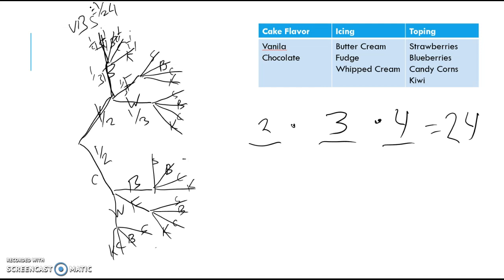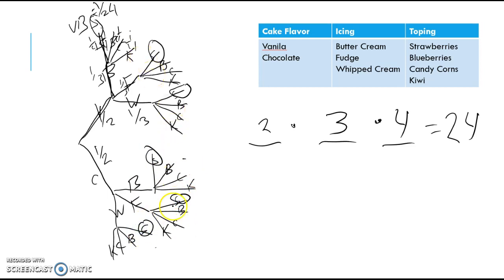And we can also ask questions such as, what is the probability of getting a cake at random that has strawberries as the topping? Well, one way to use this tree is to look at, there's a 1 out of 24 probability of getting this cake with strawberry, 1 out of 24 for this one, 1 out of 24 for this one, 1 out of 24 for this one. Same here and same here.